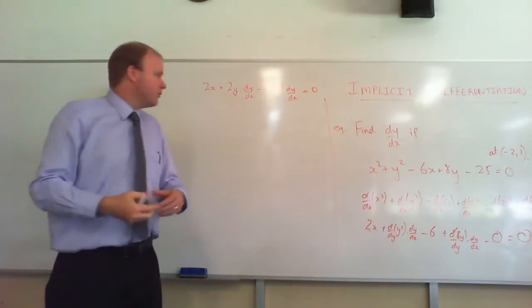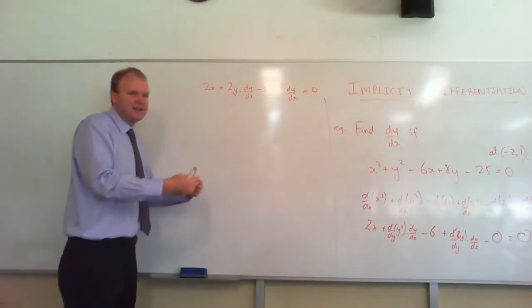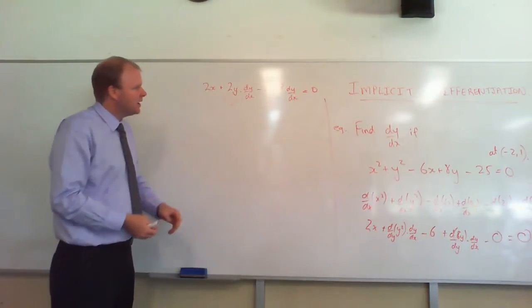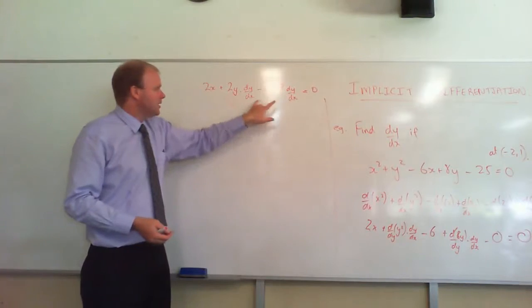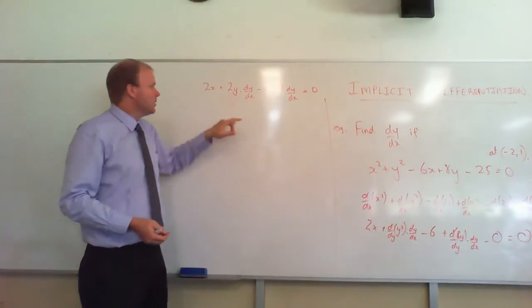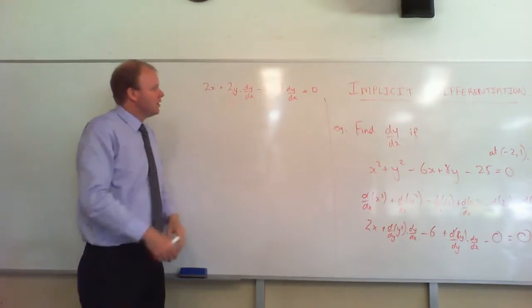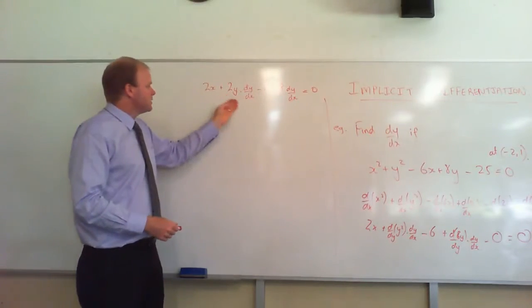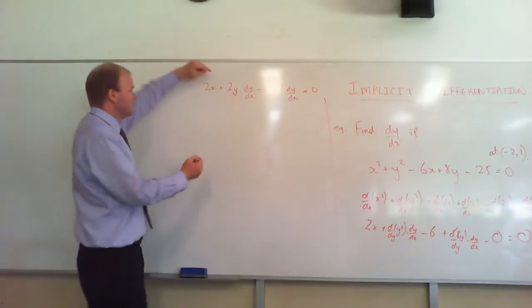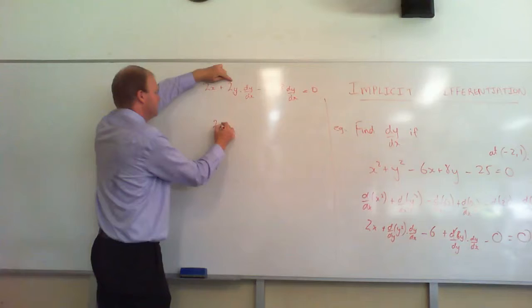Now it's a matter of rearranging this to get dy dx equals. It's a bit harder than that last example I did because you've got dy dx occurring in two places. What I'm going to do is get rid of everything from the left hand side that doesn't have a dy dx in it. So I'll leave this here.